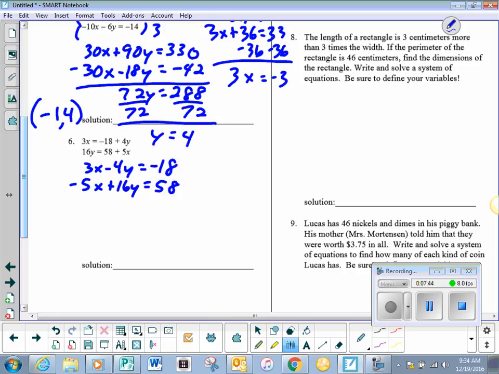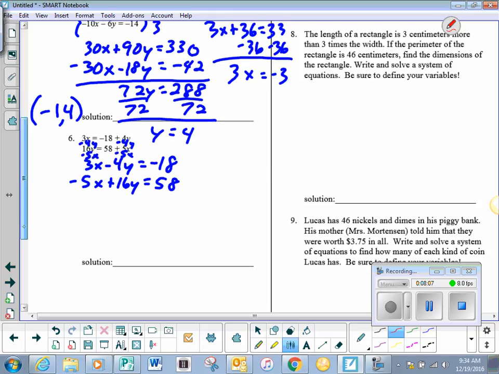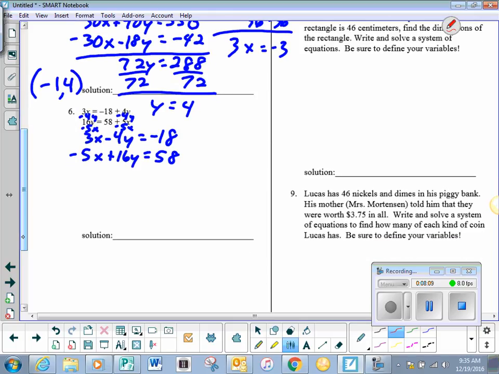So that one just required an extra step to get both equations in standard form. Does everybody understand what I did to get those in standard form? On this one, I subtracted 4y from both sides. And on this one, I subtracted 5x from both sides. The reason I did that is now I can see that this sets up nicely for elimination.